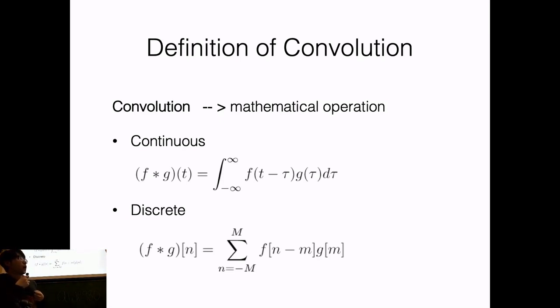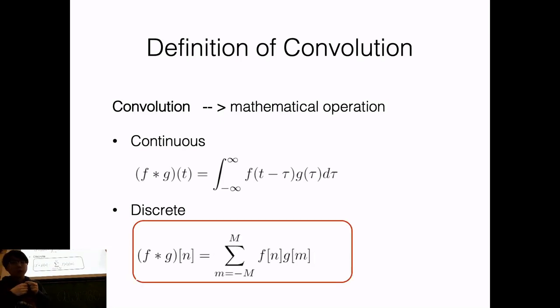In natural language processing or even computer vision, most of the input signals are discrete, so we should focus more on the discrete version of convolution, defined as the summation of the product of two functions. And usually in deep learning, in neural networks, it is not necessary to reverse the function f. So that is the final version we use in our convolutional neural networks.